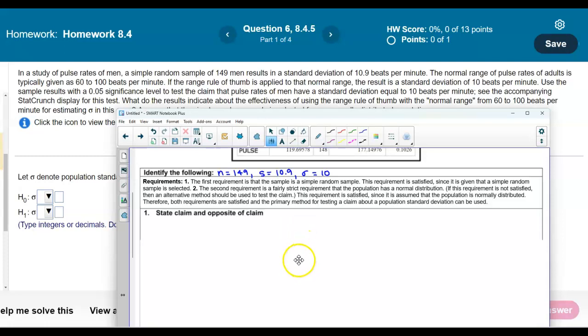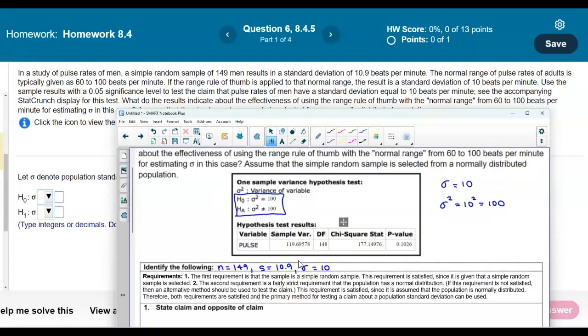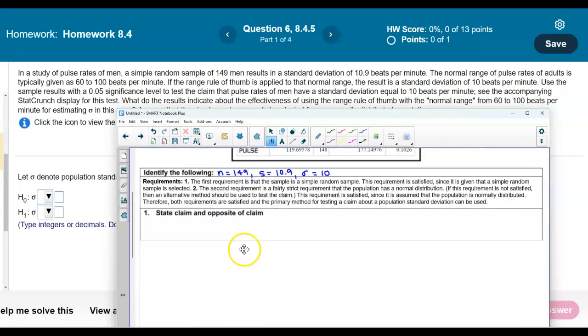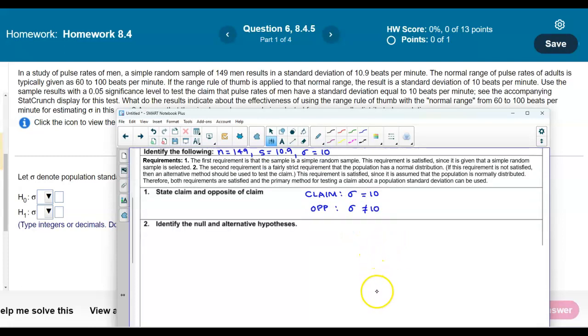Okay, now let's state the claim and the opposite of the claim. Again, the claim is that the population standard deviation is equal to 10, and therefore the opposite of the claim is that the population standard deviation is not equal to 10. That tells us what our null and alternative hypotheses are.